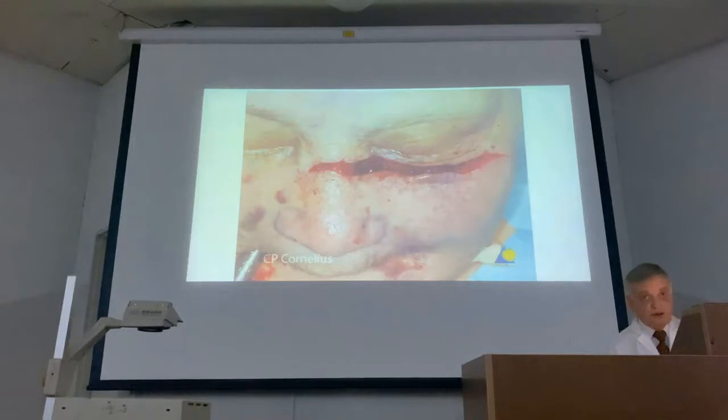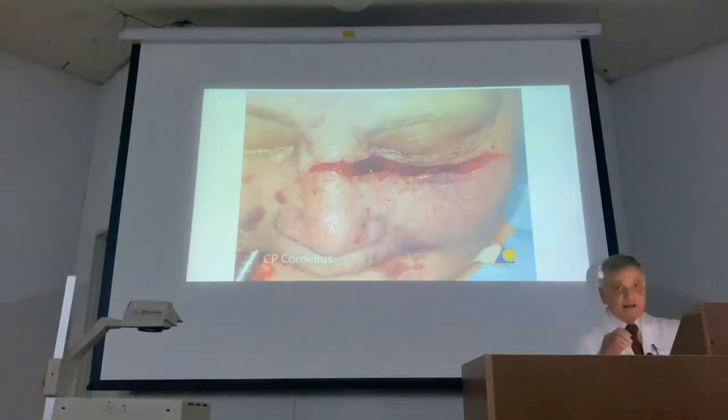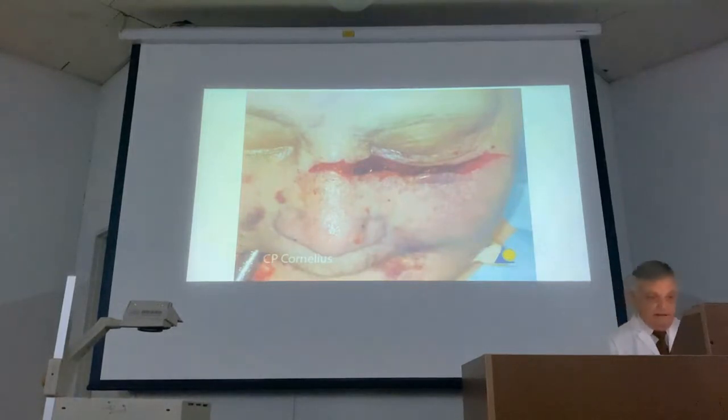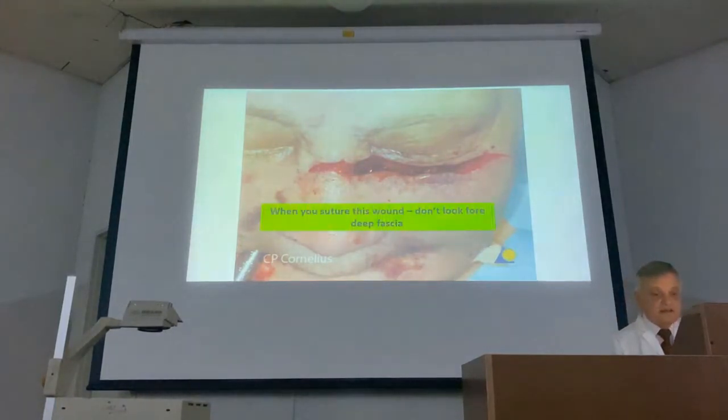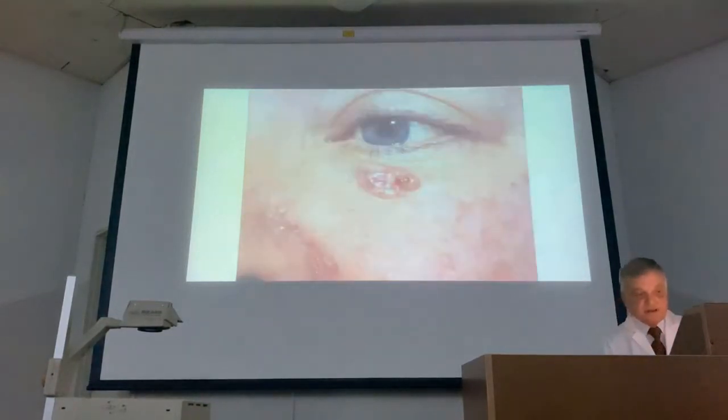When we suture wounds, we look for the layers and we suture layer by layer. Skin, fascia. The face has no deep fascia. So it's skin, some fat, and then muscles, no deep fascia.